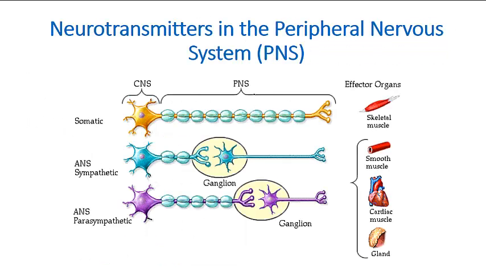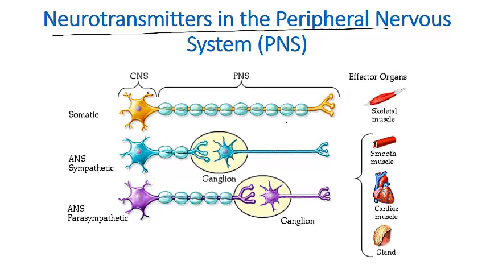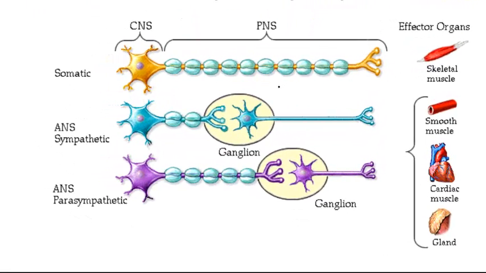But if you look at the peripheral nervous system and how these neurotransmitters work there, you will see that the motor neurons of the somatic nervous system release acetylcholine, okay, and they are cholinergic. So skeletal muscles bear NACH, which is nothing but the cholinergic nicotinic receptors.